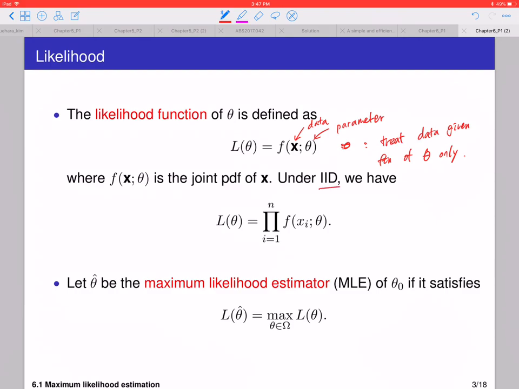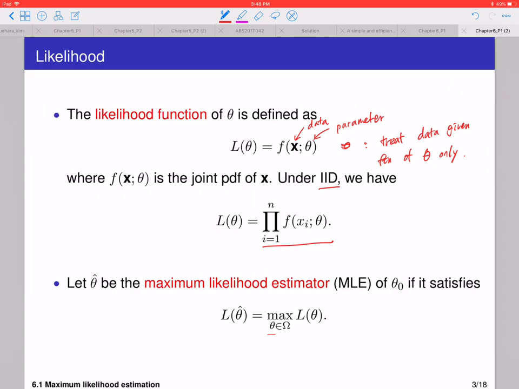Under the IID case, the joint density is just a product of the marginal density functions. The maximum likelihood estimator is the one that maximizes the likelihood function.